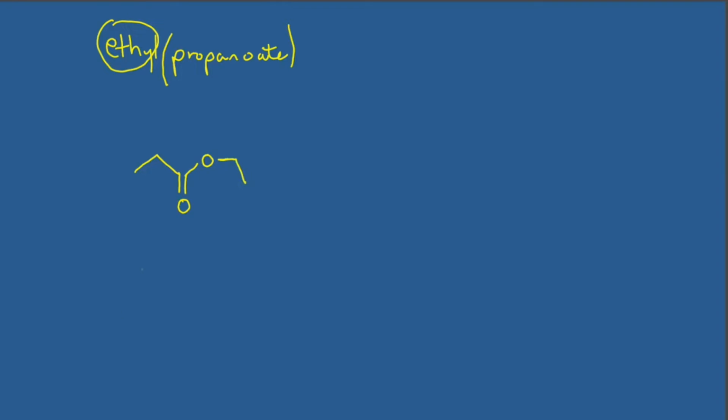Okay, so rewriting this out, CH3, CH2, CO, O, so this one's the carbonyl carbon, this is the ester carbon, and then what we've got on the end, CH2, CH3. Okay, so that's naming esters.